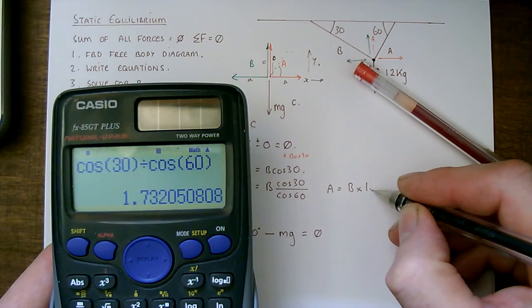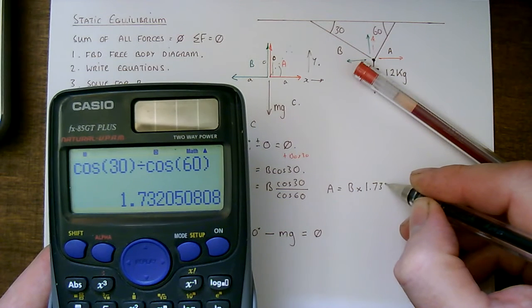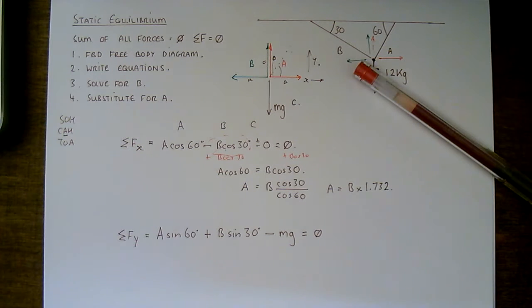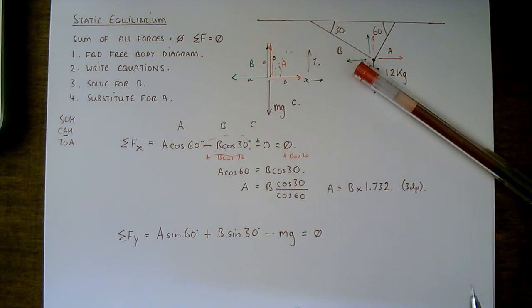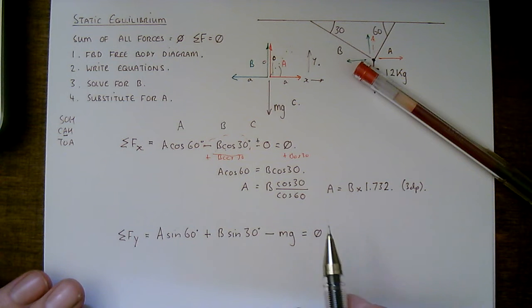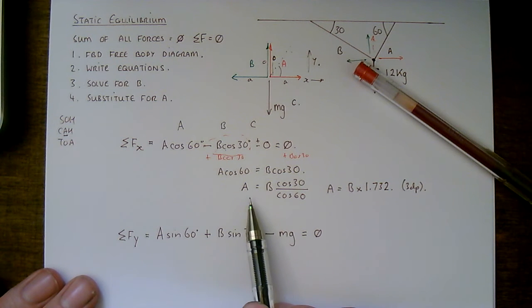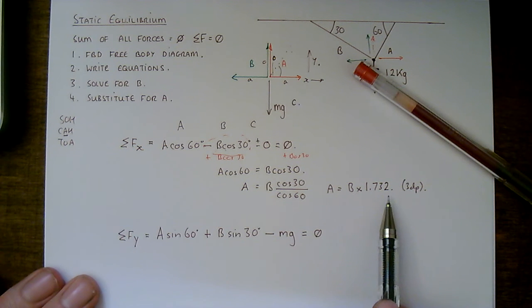So B would be times 1.732, to 3 decimal places. Okay, so we'll keep working with that at the moment. So A is equal to B times 1.732.